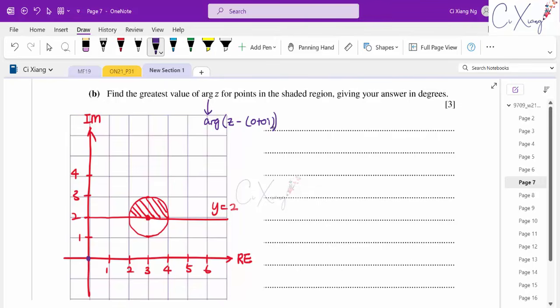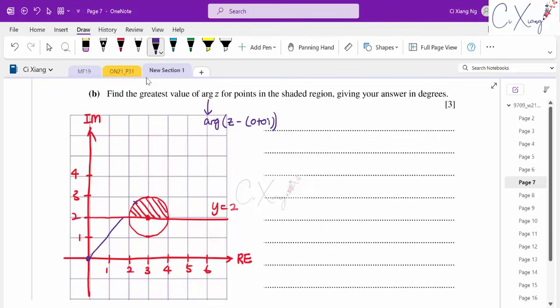Then try to move your ruler along the shaded area and see which is the last point that your line will touch the shaded region, but it cannot be away from the circle. If you move your line up and down, your Z should be somewhere here. I don't know the coordinates yet, but you should get a point Z which touches the shaded area at the last point.